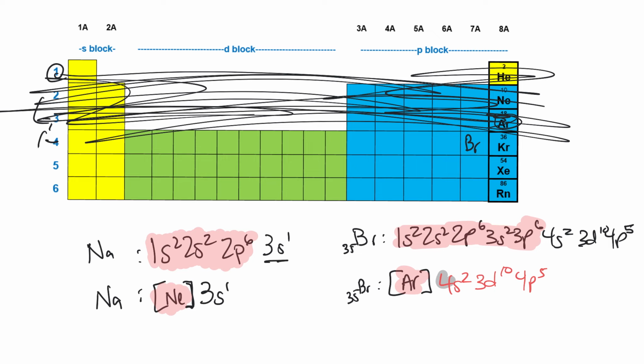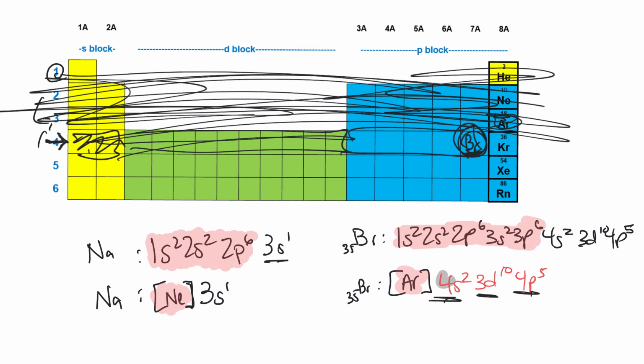Then all you have to do is start on the row that the element in question is on. Bromine is in the 4th row, so I will say 4s2, just like here, 3d10, which is right here, and then 4p5. And that's how that works.